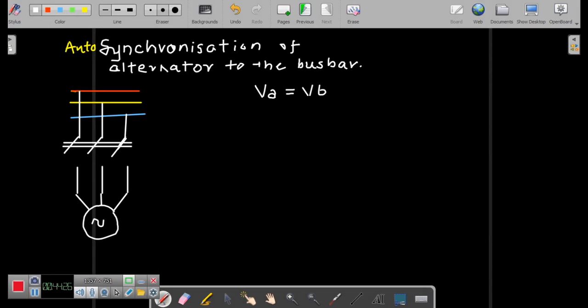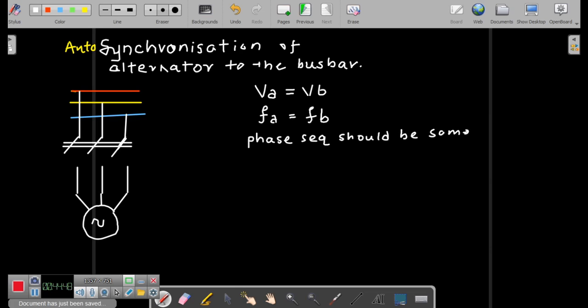Then the frequency of the incoming alternator should be equal to the frequency of the bus bar. Then the phase sequence should be the same. That means the phase sequence of the incoming alternator should be equal to the bus bar phase sequence.